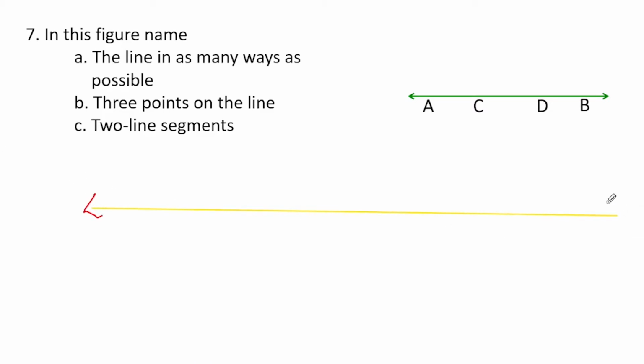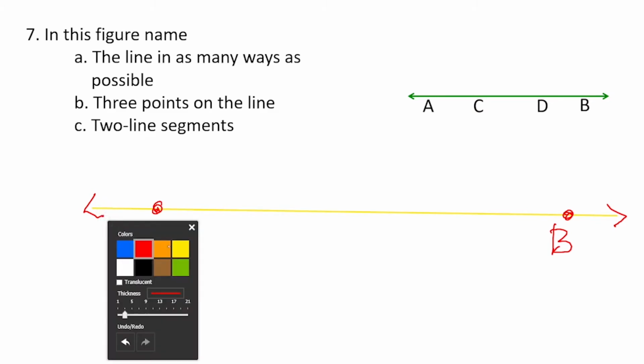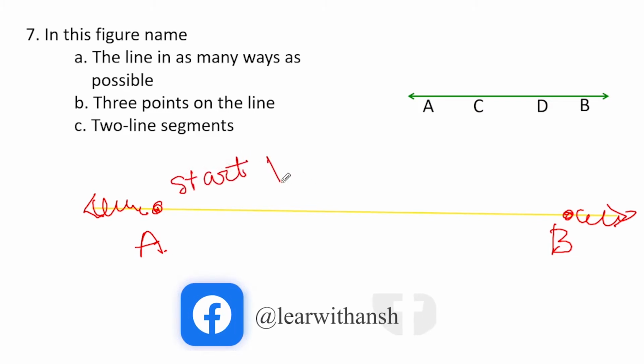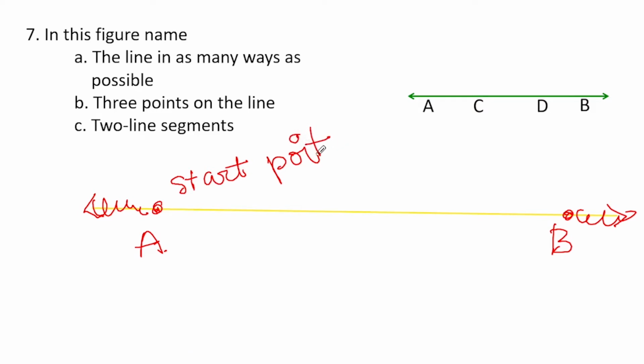It has 2 points, A, B. Now when we ignore this part of a line, we just get a portion of a line which has a start point and also has an end point.